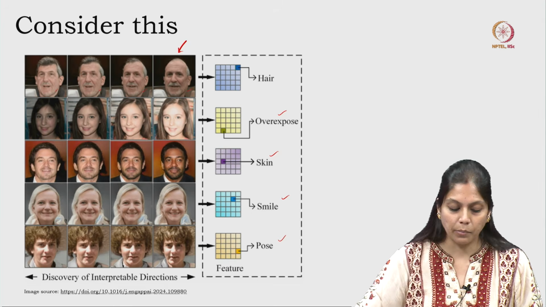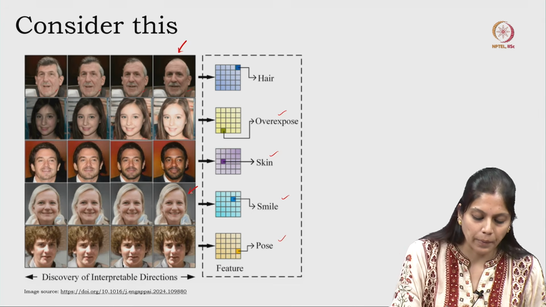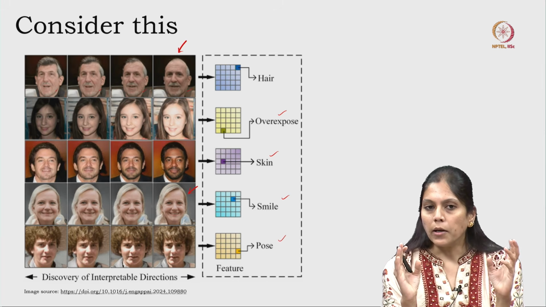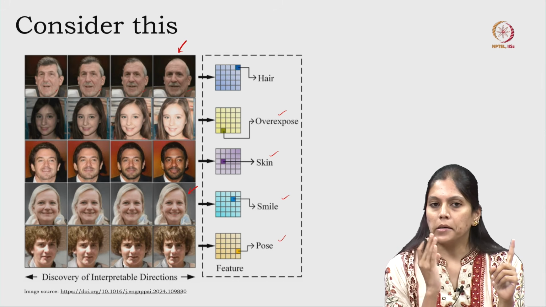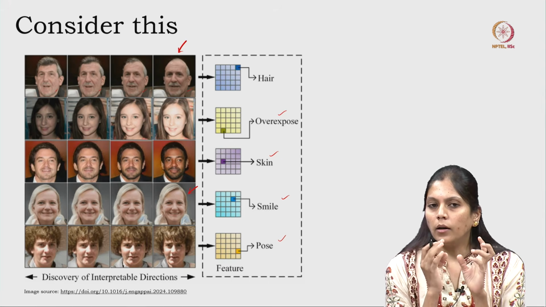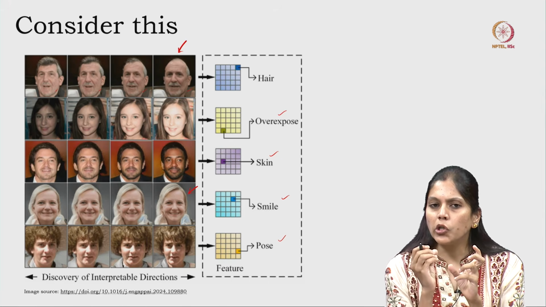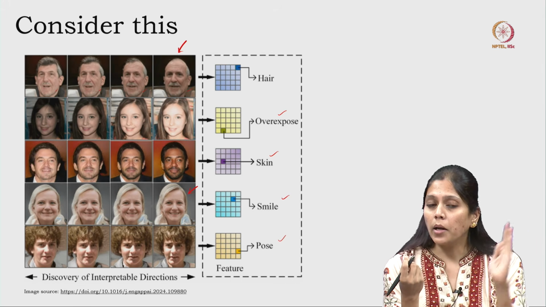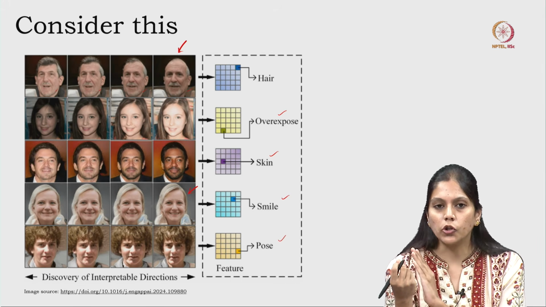Now, look at this particular smile. Here the person is the same, but look at the first image, the second, third and fourth, and the difference is only a change in the smile. By changing only one parameter, you are able to generate a different variation.